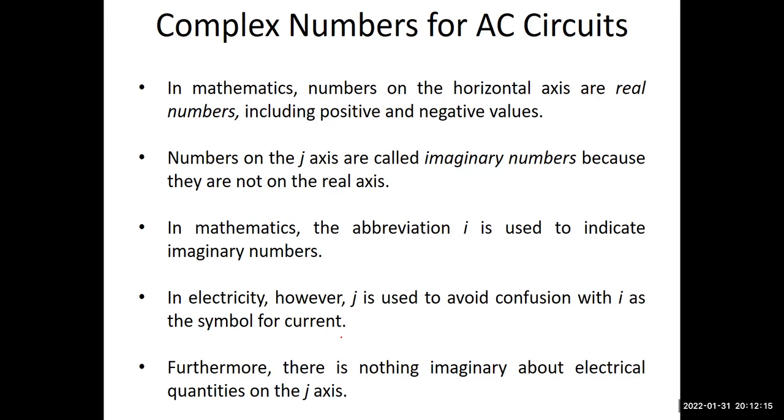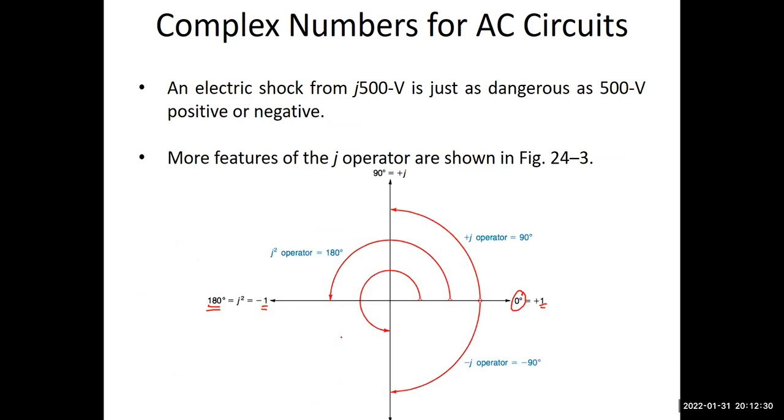And then furthermore, there is nothing imaginary about electrical quantities in the J-axis. So sabi dito na an electric shock from J 500 volts is just as dangerous as 500 volts positive or negative. Okay? So sinasabi lang na this is the imaginary.